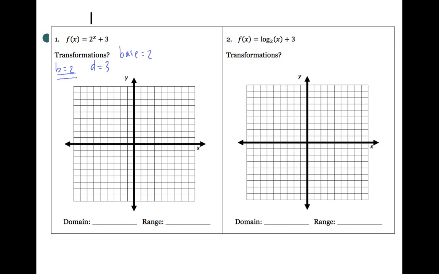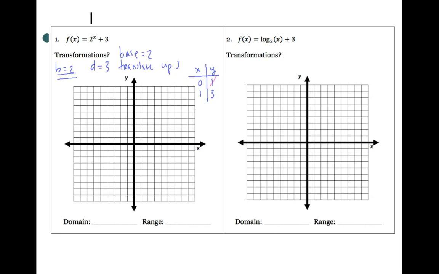And it's going to translate up 3. I'm going to go ahead and do this little table. So 0, 1, 1, B, right? And then it only had one thing happening. It translated up 3.